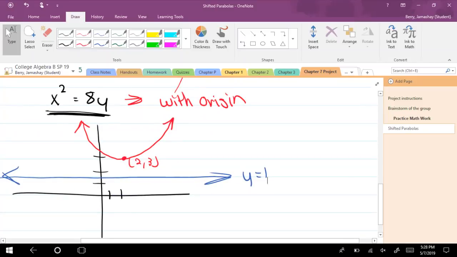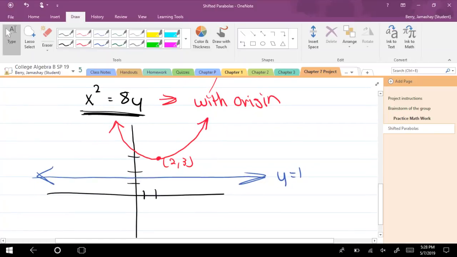And to get to this equation at the end, you have to find your foci, which you'll learn about in the next notes. But your foci would be 2, 5, which would be up here.